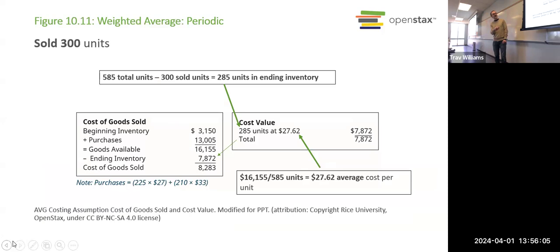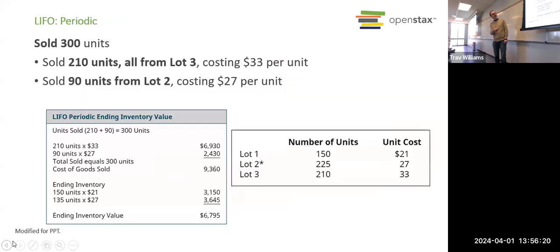So this 16,155 is the total cost of all the inventory. So that'd be another way to get that number. And then divide it by the total number of units. If we look back, you add up 150 plus 225 plus 210, that's where they get the total number of units.